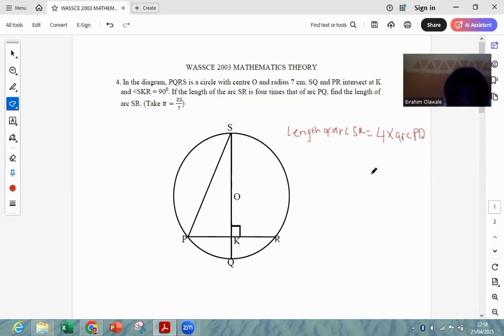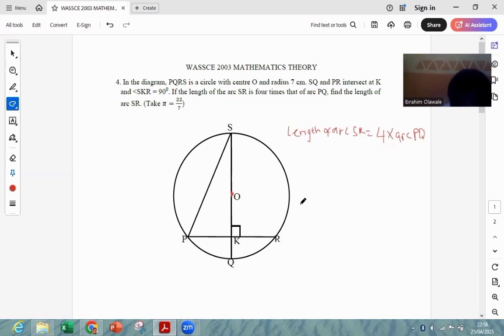One thing I want us to take note of is that when we are talking about length of arc, the arc always subtends an angle at the center of the circle. So we need to find the angle each of these arcs is subtending at the center of the circle.